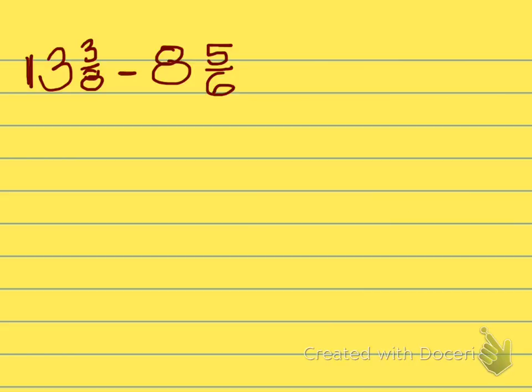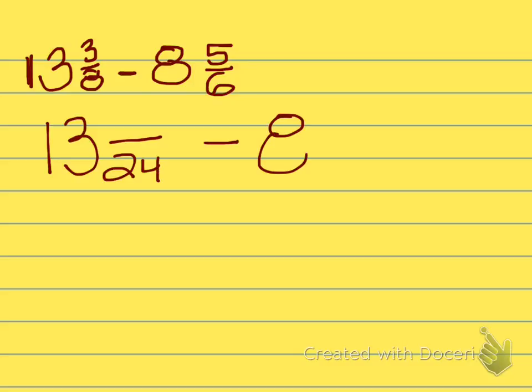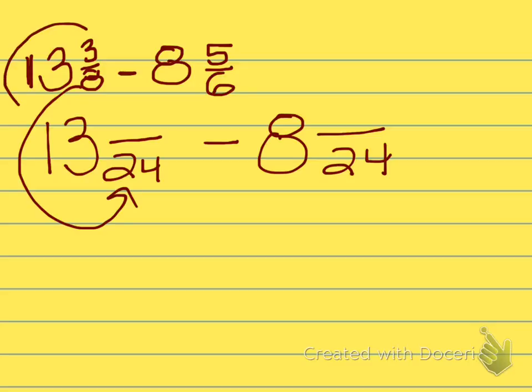So I'm going to come over here, and I'm going to rewrite both of these fractions with a 24 on the bottom. And I'm going to say to myself, what have I got to do to 8 to get to that 24? I have to multiply it by 3. But if I have to multiply this denominator by 3, I also have to multiply this numerator by 3.